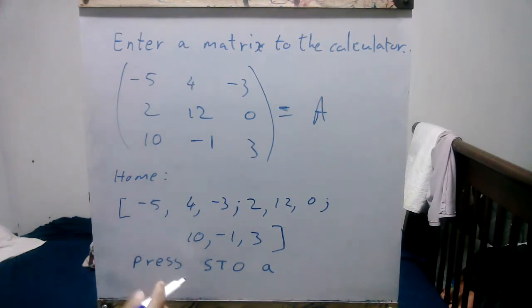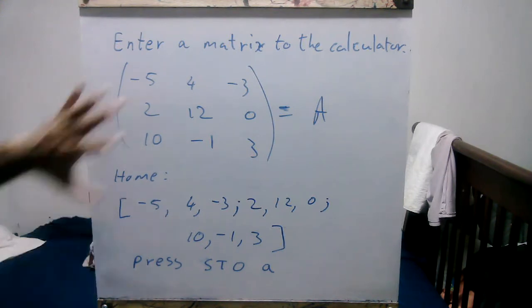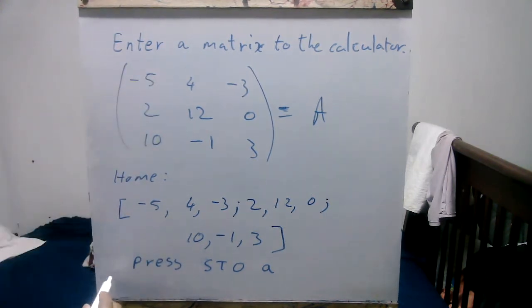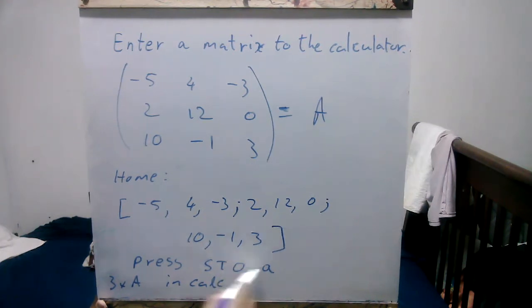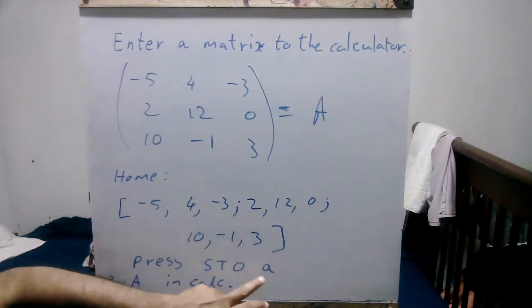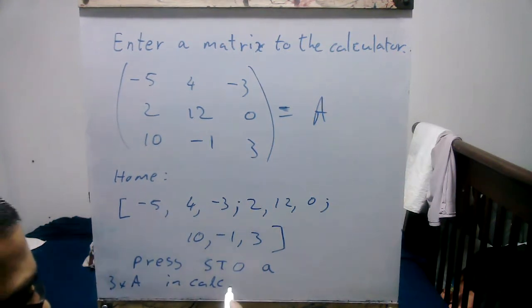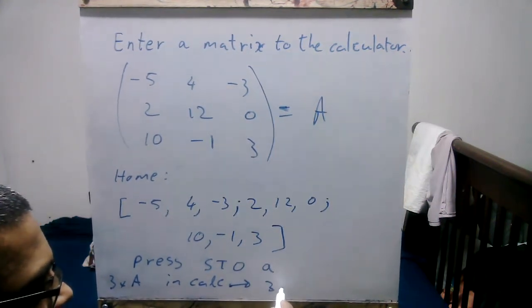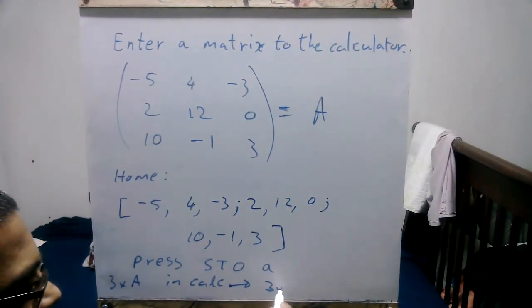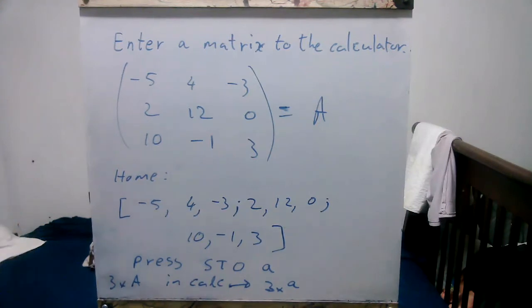Now this stores this matrix in the memory called A. Now if you want to do any operation with this matrix, say you want to multiply 3 times A, once you enter it into the calculator in memory location A, you go to the home page and type 3 times simple A. This gives you the answer, right?